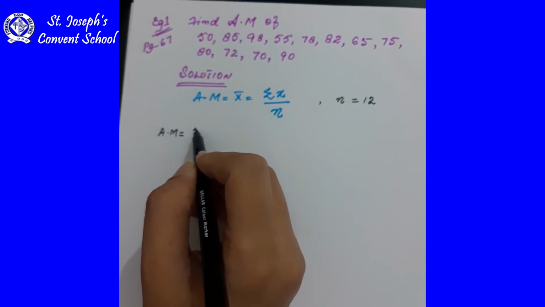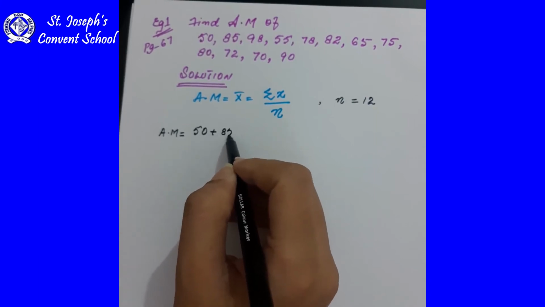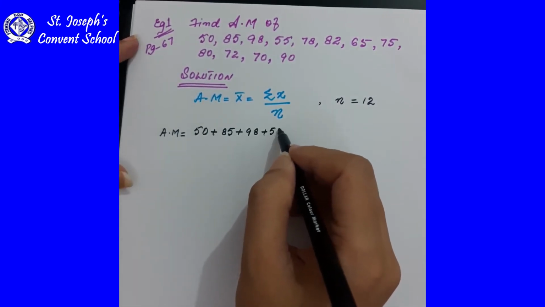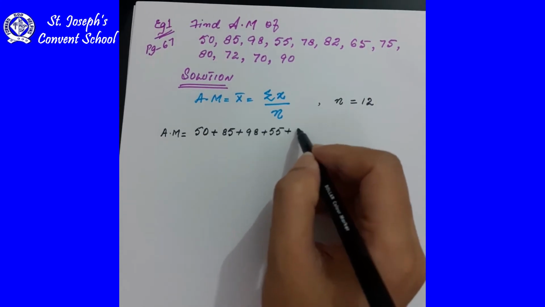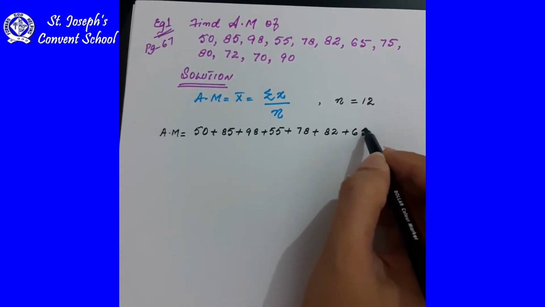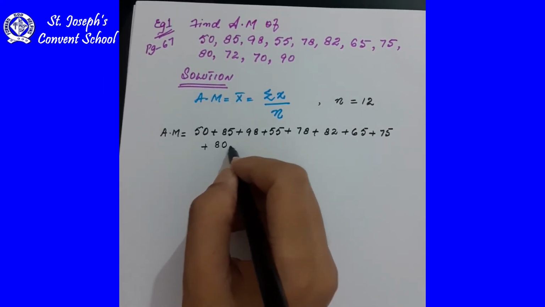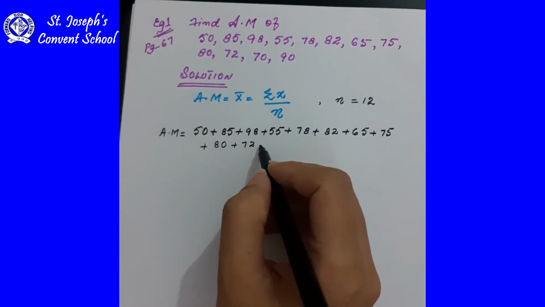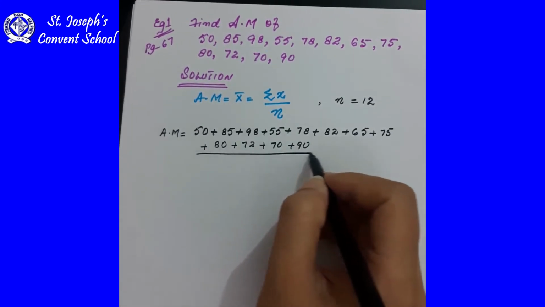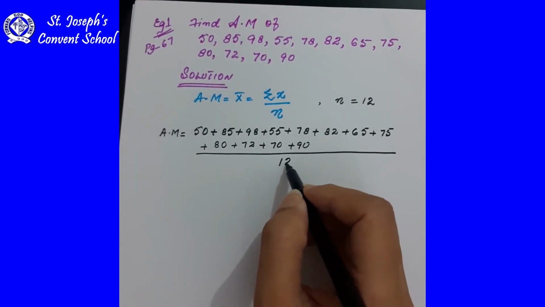Add them: 50 plus 85 plus 98 plus 55 plus 78 plus 82 plus 65 plus 75 plus 80 plus 72 plus 70 plus 90, divided by, this is sigma x, summation x, we are adding all the values, divided by 12.